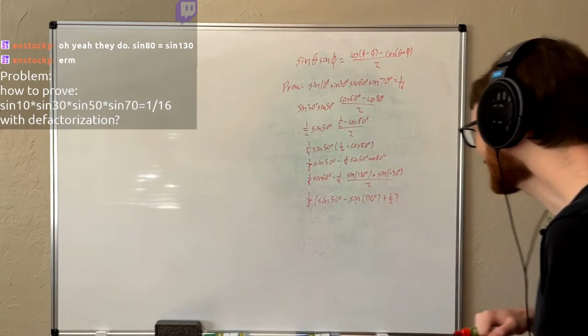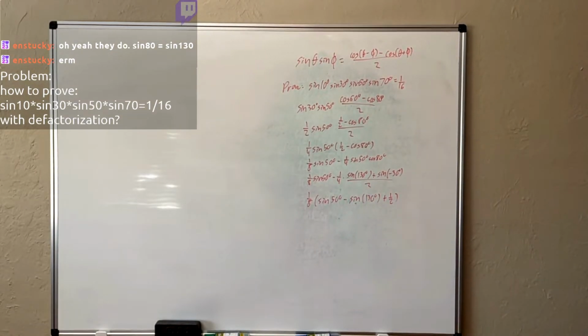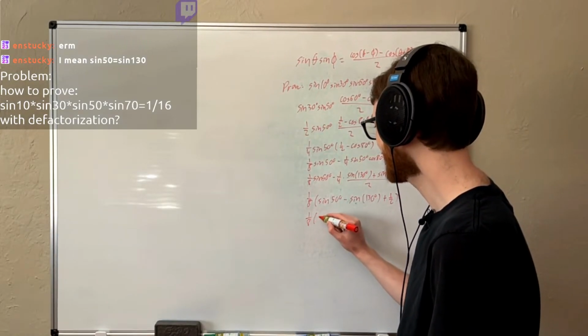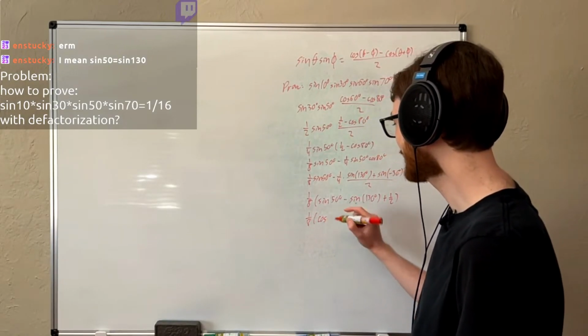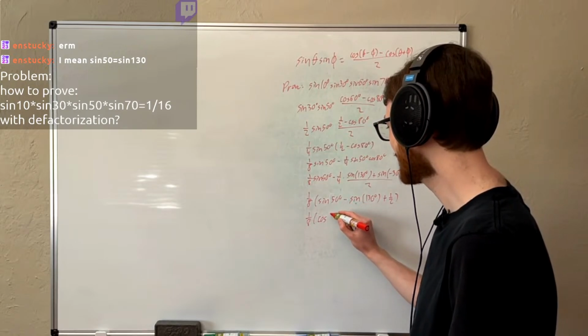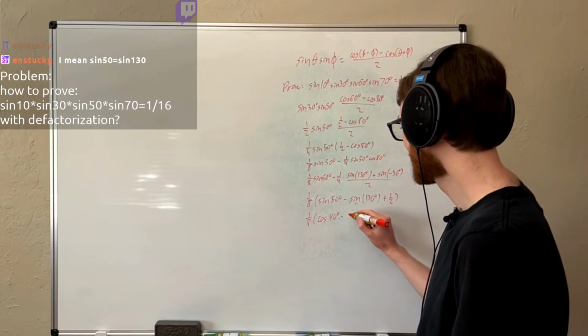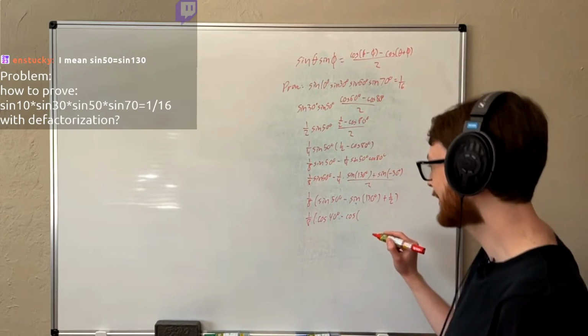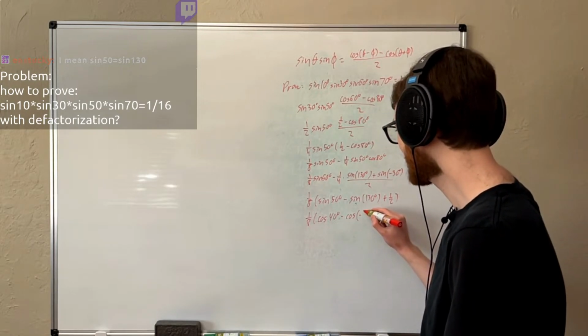Did we do the cosine identity, which is sine theta equals cosine of pi over 2 minus theta? This might actually work. This is so crazy. So sine of 50 is cosine of 90 minus 50, which is 40. Sine of 130 is equal to cosine of 90 minus 130, which is negative 40?